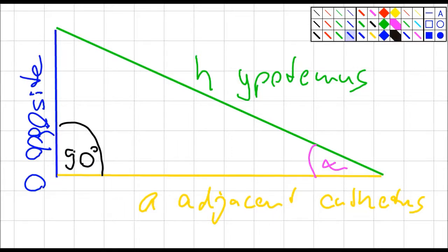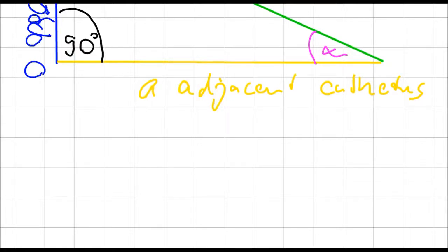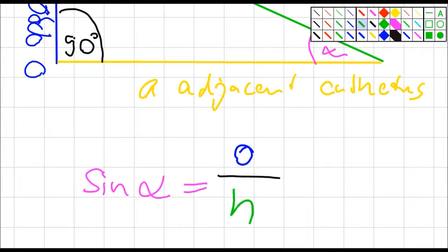Opposite cathetus. And from secondary school maths, we remember one formula: the sine of our angle alpha equals the length of our opposite cathetus divided by the length of our hypotenuse.